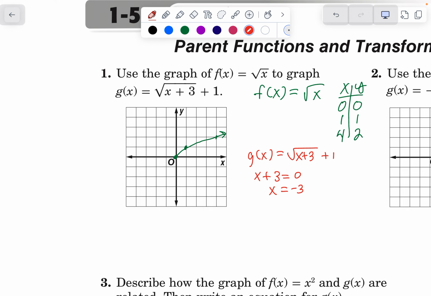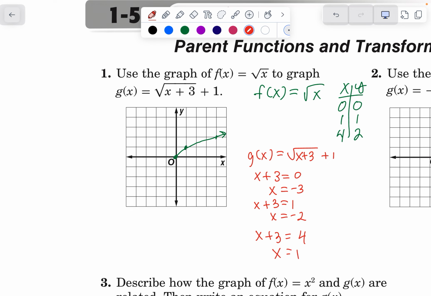And then it's not a bad idea to ask yourself, well, when will it equal 1? If you solve for x, you get -2. And then it's not a bad idea to ask yourself, when will it equal 4? Because square roots are very specific. I usually will take the inside of the square root and say, well, where is it 0, where is it 1, and where is it 4? And then we get 1.